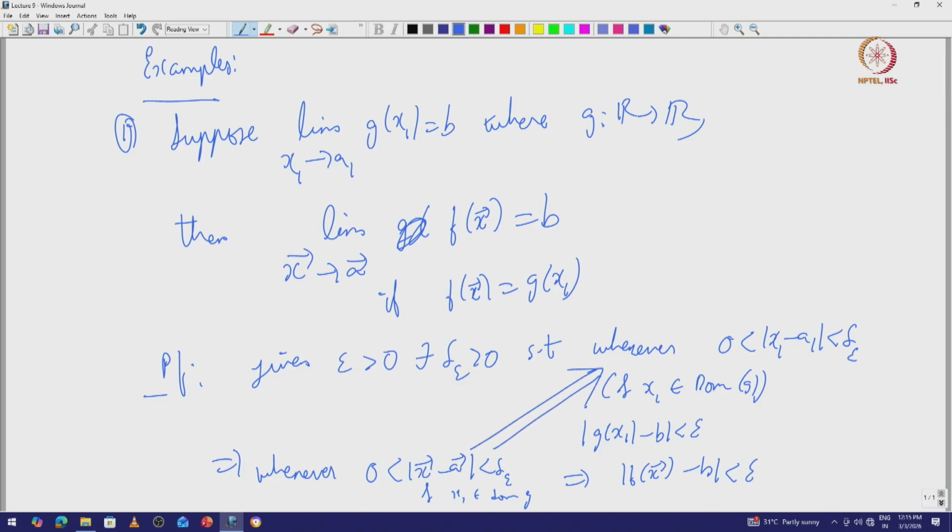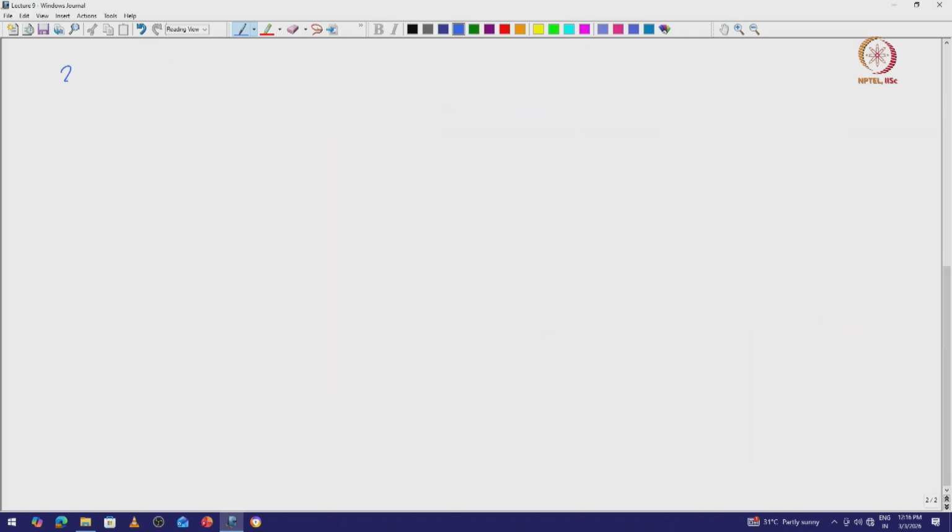If the full norm of the vector x minus a is less than something, so is each component of this vector less than that, right? So this is very straightforward. So in particular, what I mean is limit as xy goes to 0, 0, sin x equals 0, because it's a one variable function. Now I'll just show you how subtle multivariable limits can be.